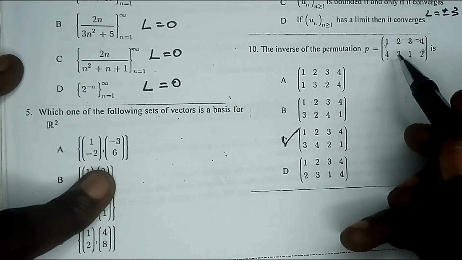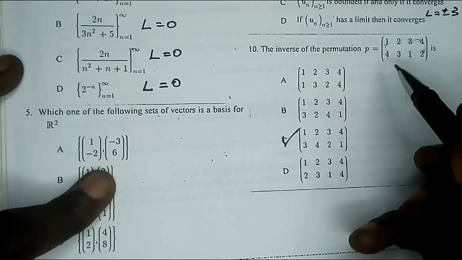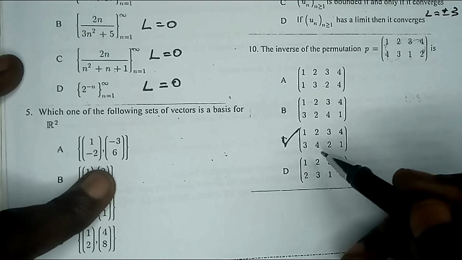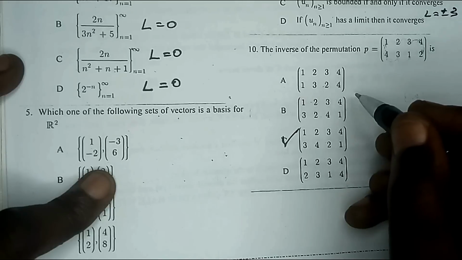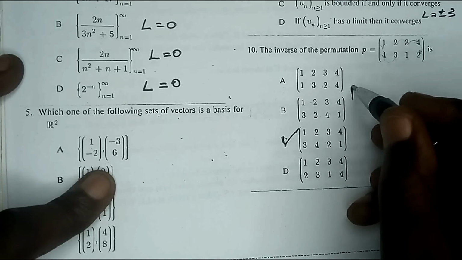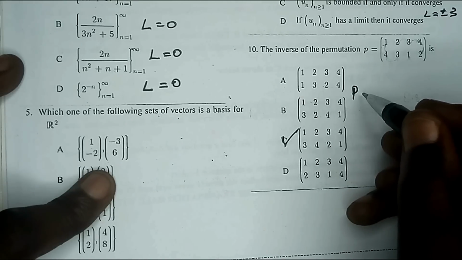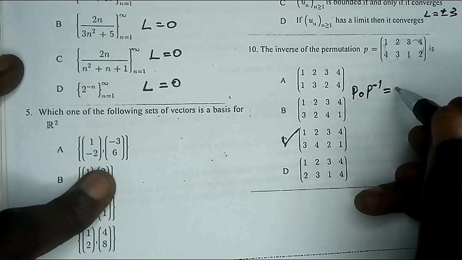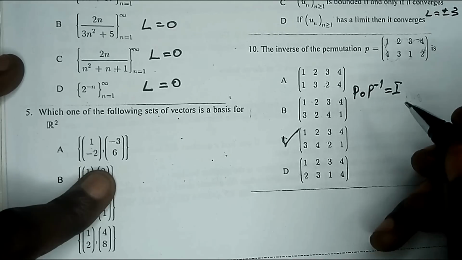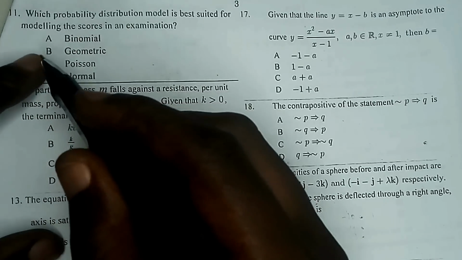And you can see that 3 maps to 2 here, and 4 maps to 1 to confirm. If you can verify now, you would see that permutation P composed with the inverse would give you the identity permutation.